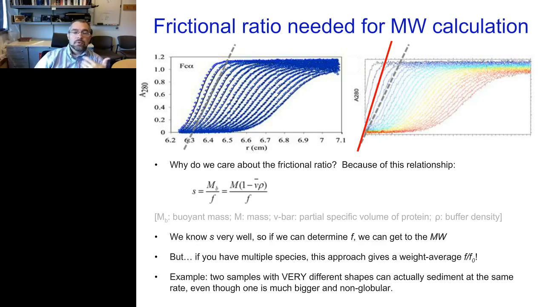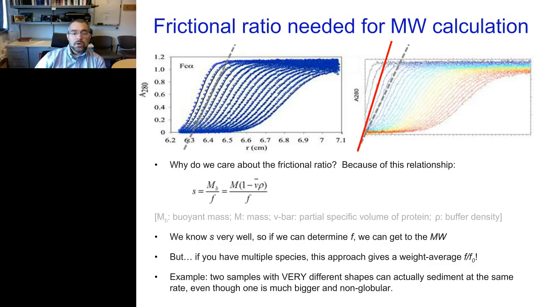So the reason I'm going through all this in a little bit more detail is that this is what illustrates the concept I made at the very beginning with the Svedberg equation, that the sedimentation coefficient is proportional to mass, but it is influenced by this frictional ratio.